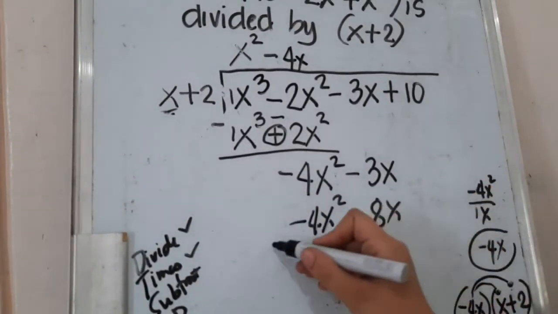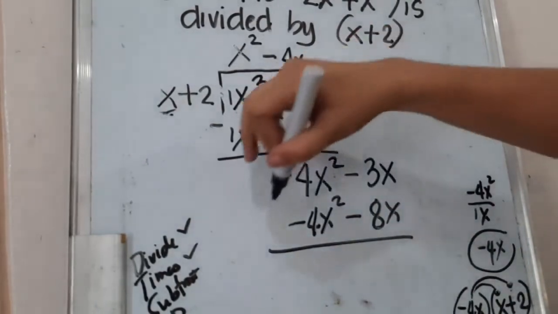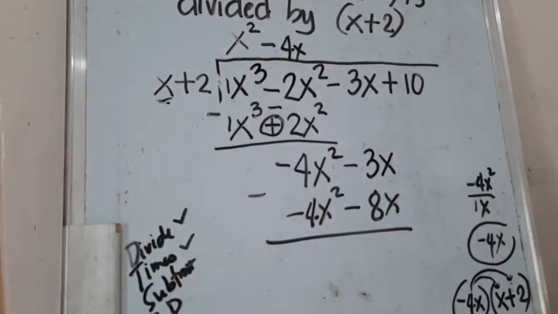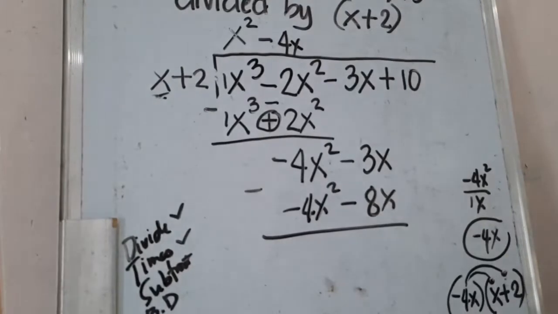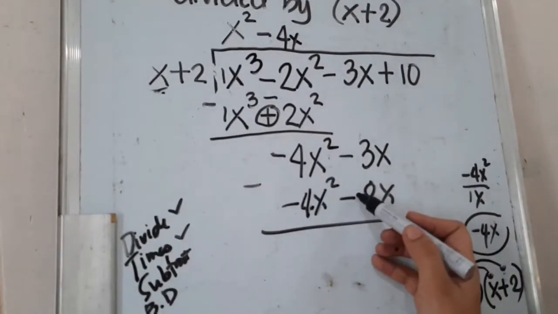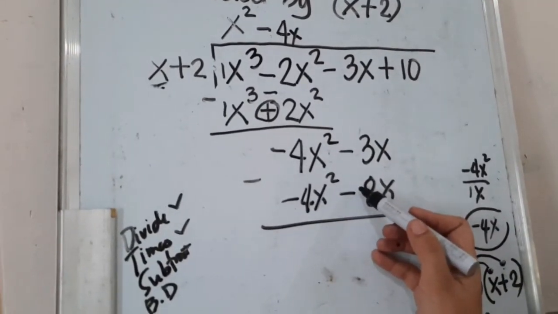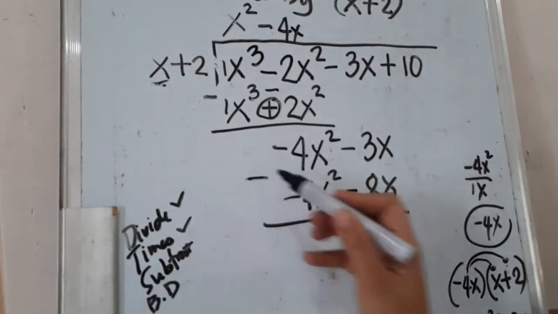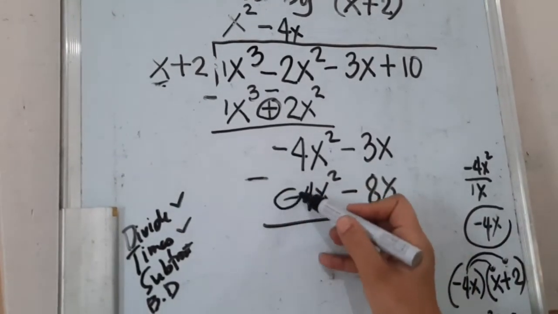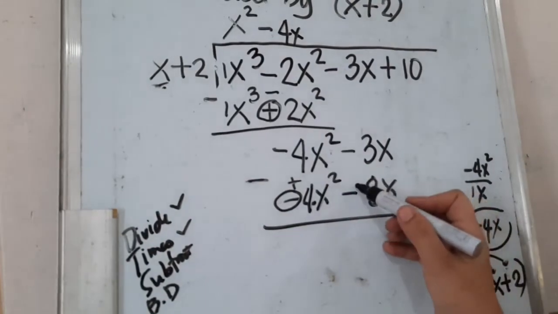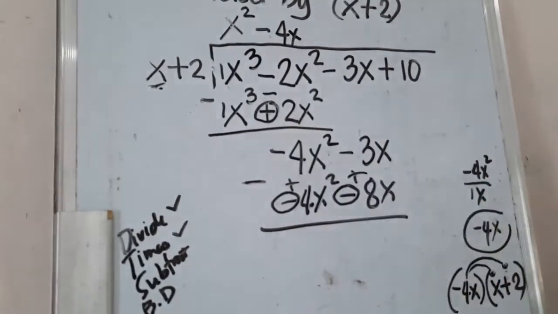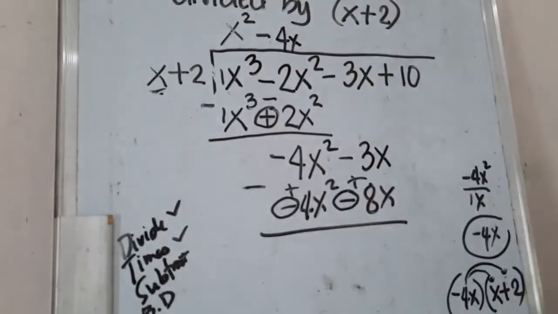Then the next step, we will be doing subtraction. The same process, all the terms in the subtrahend will be changed because this is minus. So from negative 4, that will become positive. From negative 8x, that will become positive. Then apply the rule of addition.